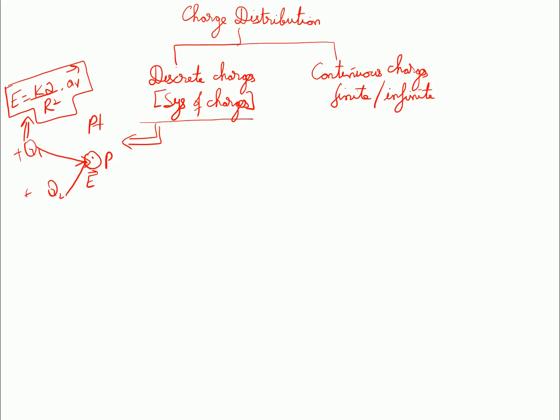This is how we talked about the system of charges or discrete charges, but our topic of discussion is now mostly related to finite and especially infinite charges, and we are going to see how the volume is going to behave.